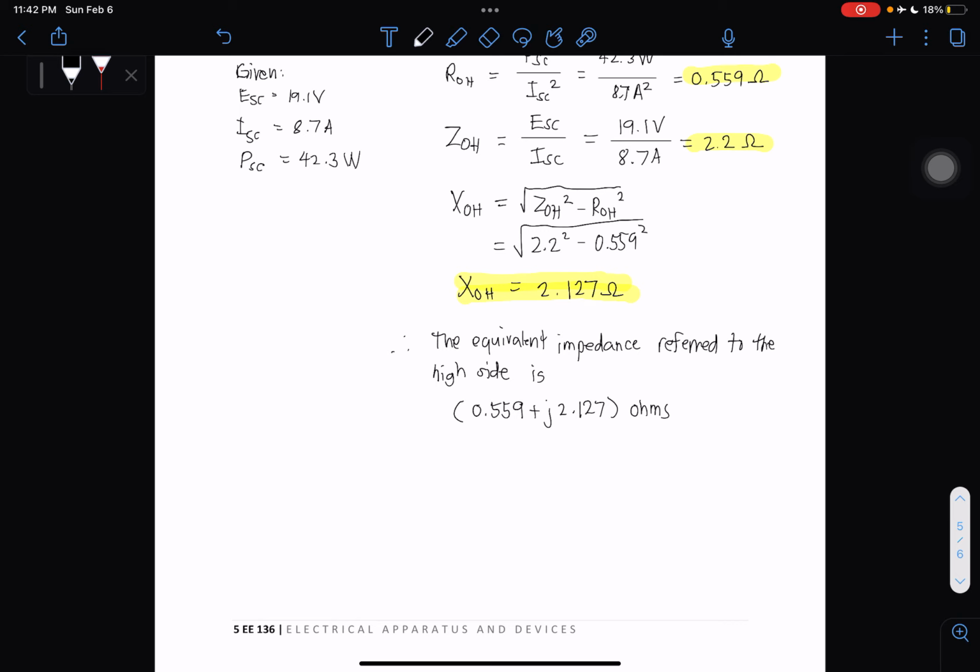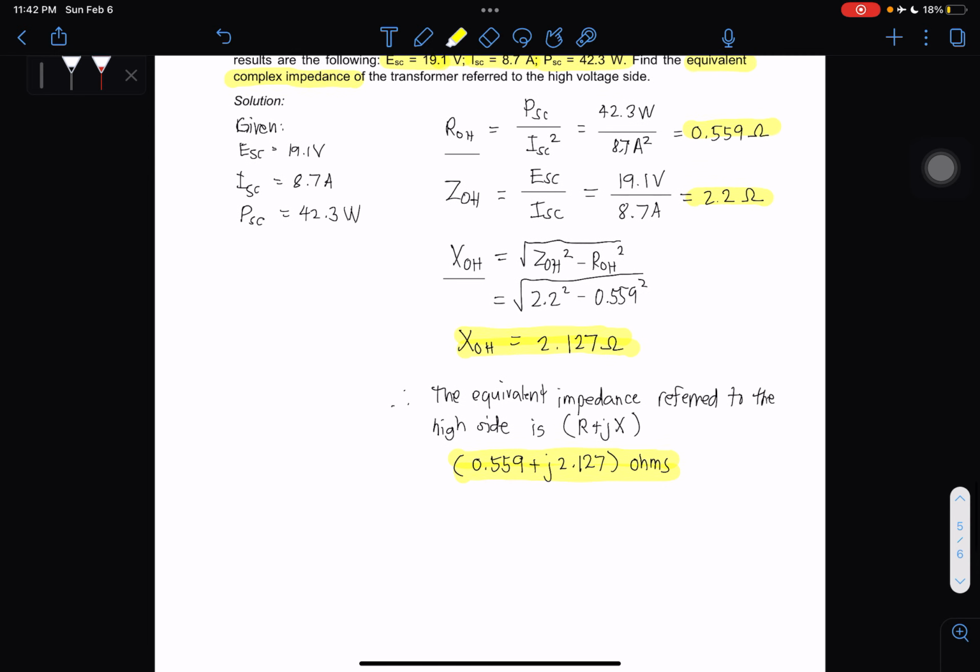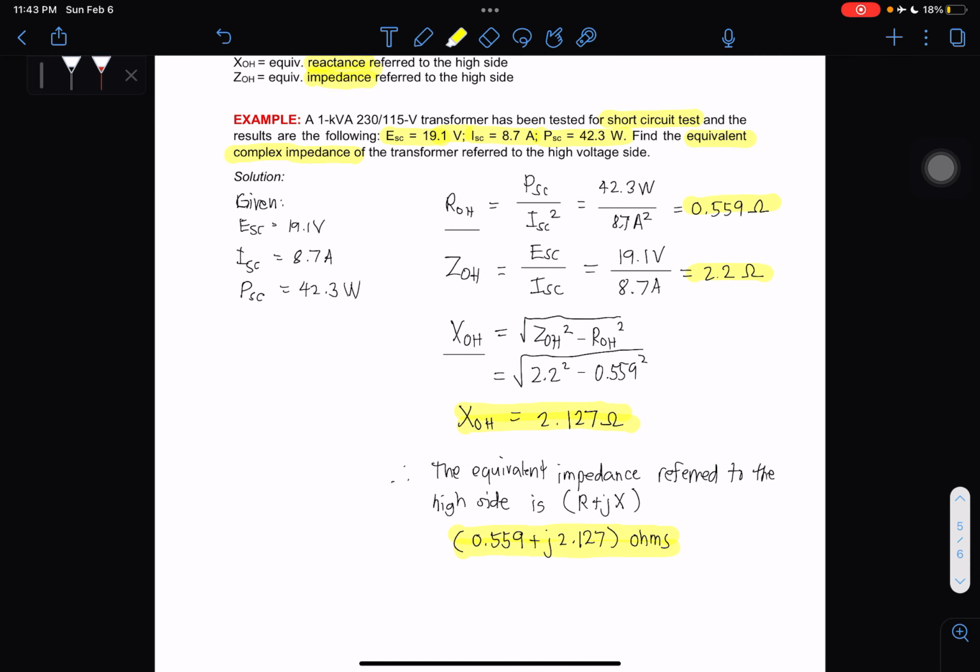Isn't it that our formula for equivalent impedance is R plus jX? Since it is the high side, we use ROH and XOH. So our final answer is 0.559 plus j2.127 ohms.